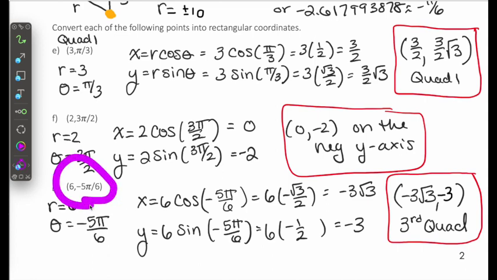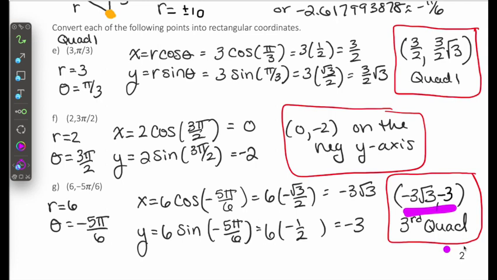For this last point, I get an r of 6 and an angle of -5 pi over 6. So I plug my r in as 6, and I plug my theta in as -5 pi over 6, and I'm going to get that my corresponding x and y values are x is -3 square roots of 3, and y is -3.